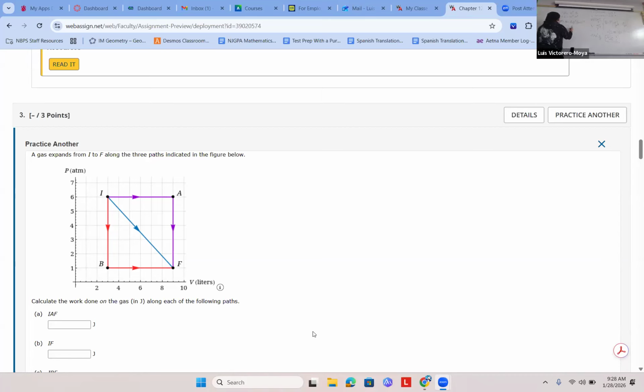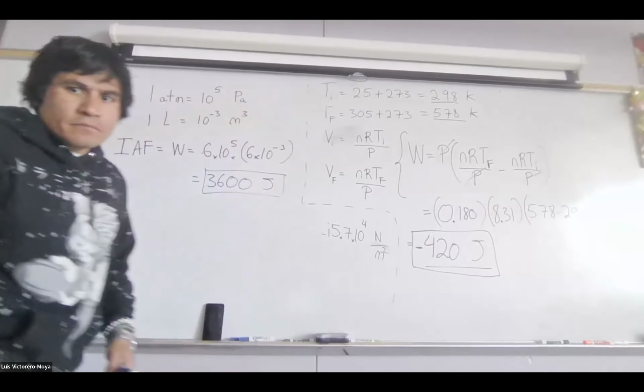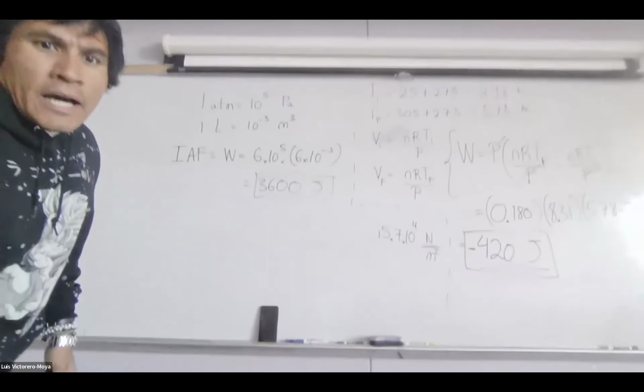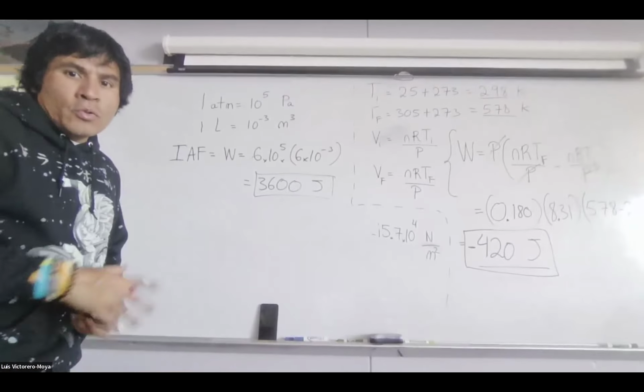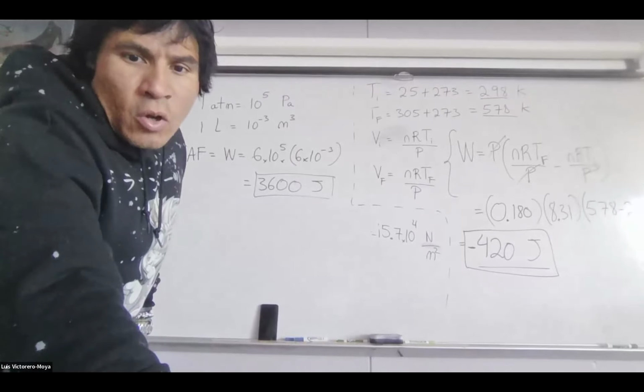This is 3,600 joules. And it's expanding, so the work will be positive. Let me show you there on the whiteboard. That's basically how you will do it. Look at the unit conversions.